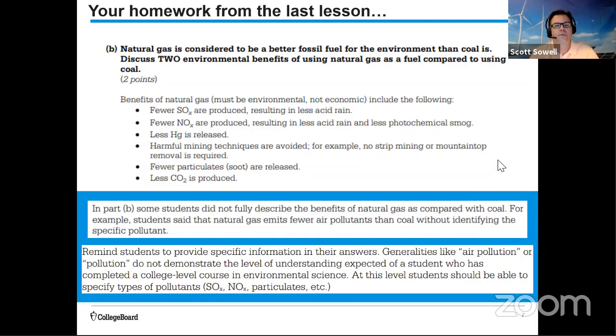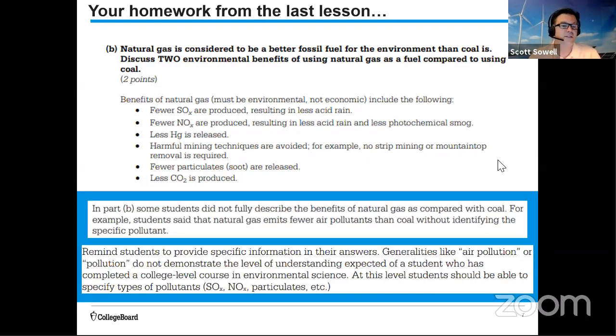Here's an important part to this one. It says, in part B, some students did not fully describe the benefits of natural gas as compared with coal. For example, students said that natural gas emits fewer air pollutants than coal without identifying the specific pollutant. This is the commentary that some of the teachers and the readers provide after they've read the thousands and thousands of responses.